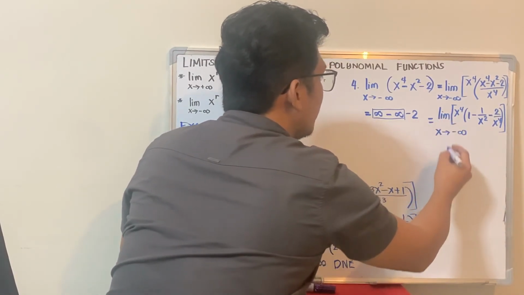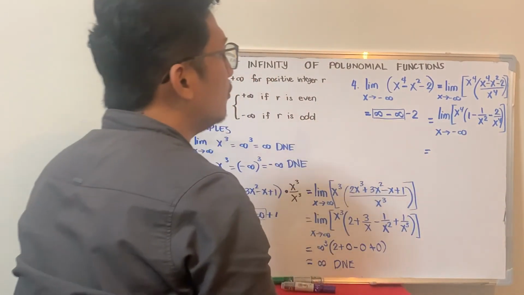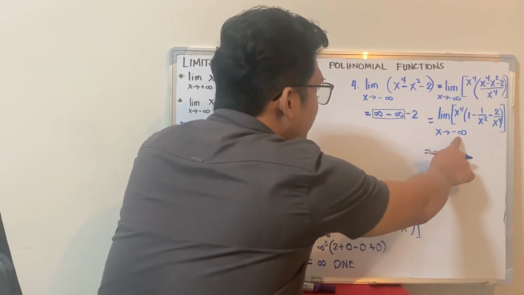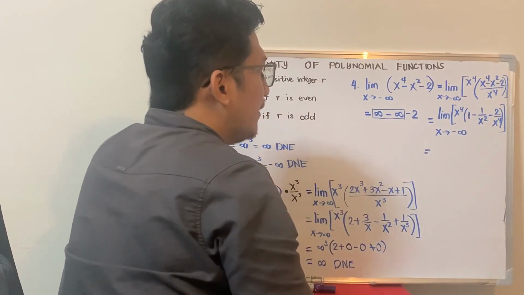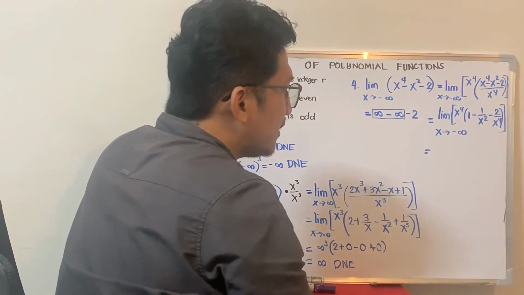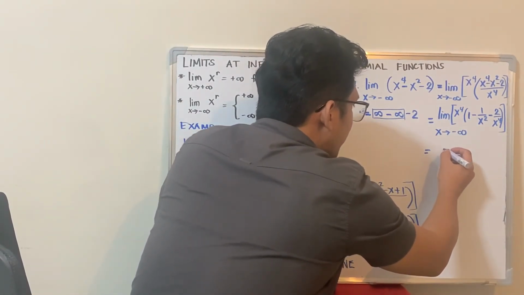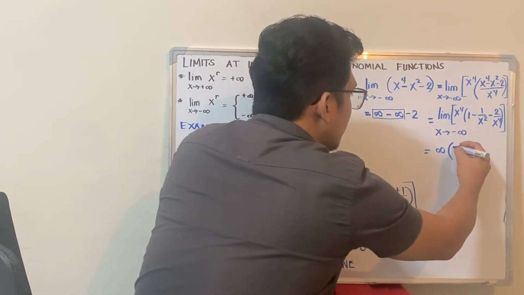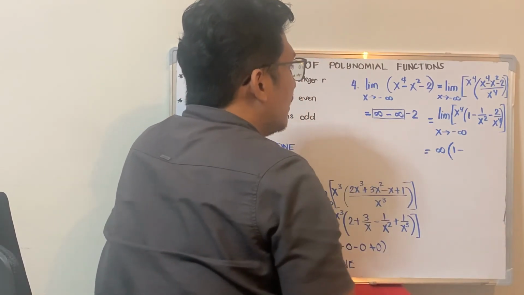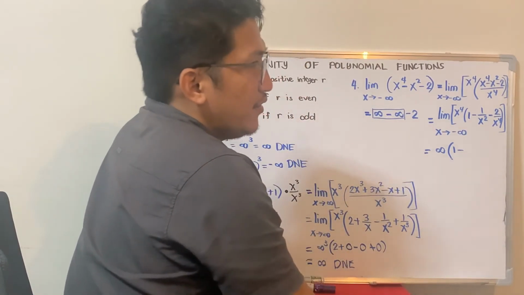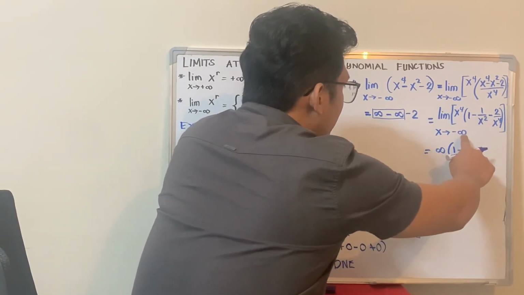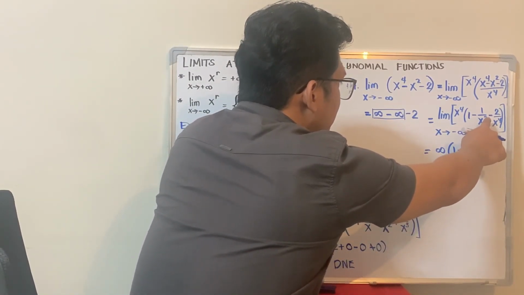Then, next to that, that's equal to, pwede na ka mag-substitute. So, when you substitute, syempre, negative infinity raised to 4 is positive infinity. So, this becomes positive infinity times 1, minus, in positive infinity or negative infinity, it doesn't matter. Okay, anyway, negative infinity squared is positive infinity.